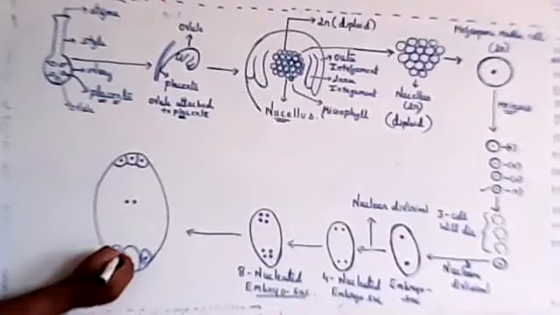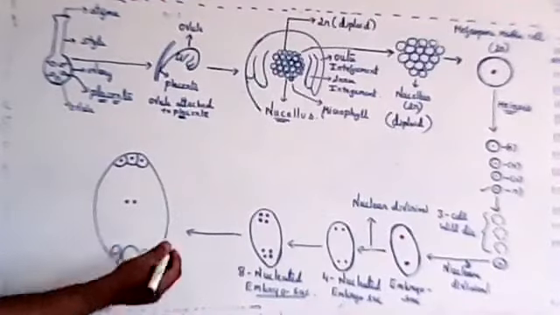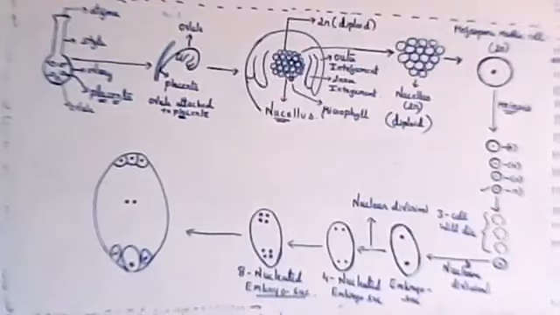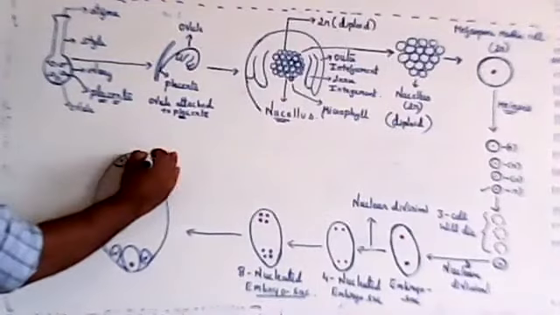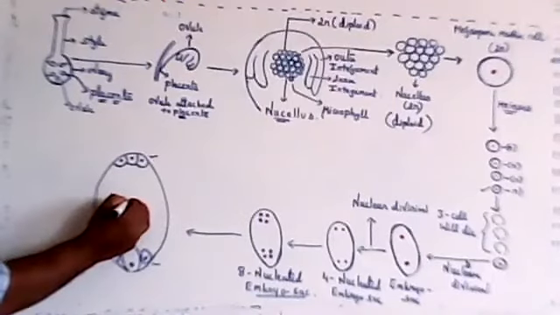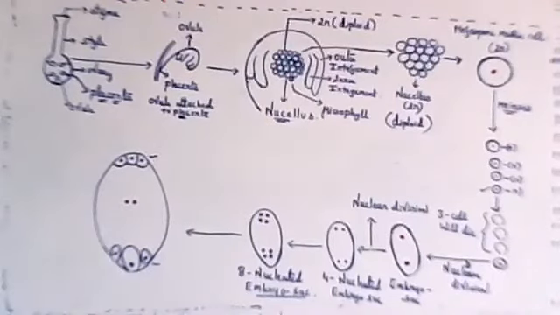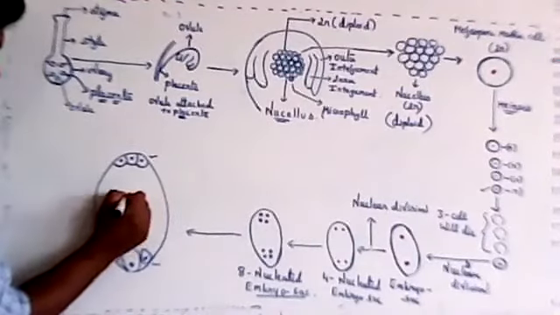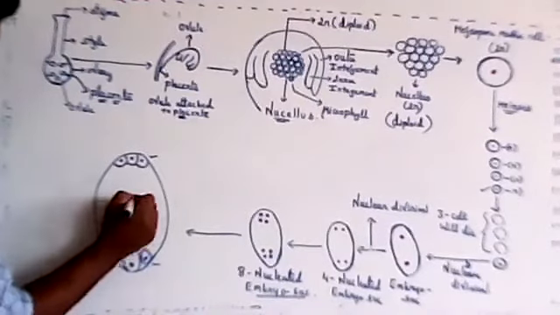So of the 8 nuclei, 3 will migrate on top, 3 at the bottom and 2 will arrange at the center. Then there is formation of cell wall.